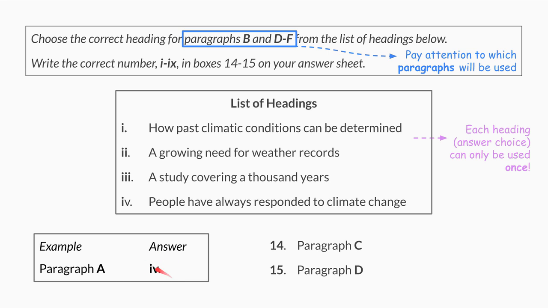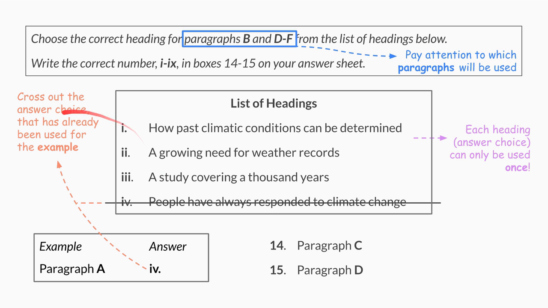So since you know that number 4 is an answer choice that is already used for the example, just cross it out. Put a line across it so that you don't confuse yourself, so that you can really narrow down the answer choices that are available to you. So cross out the answer choice that has already been used because you're not going to be using it for any of the real questions that you have here.